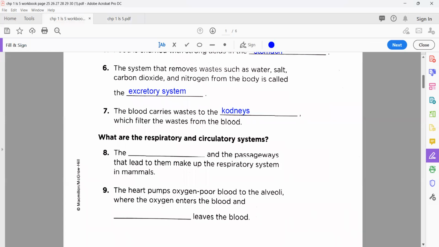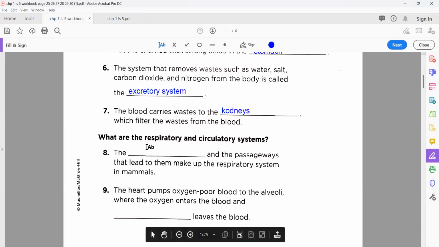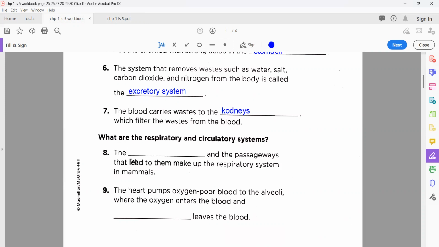Now, the third part of all the body systems: the respiratory and circulatory system. The dash and the passageway that lead to them make up the respiratory system in mammals. What do we name them? Lungs.